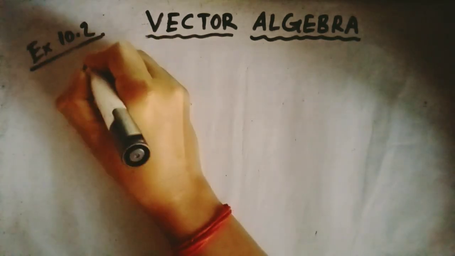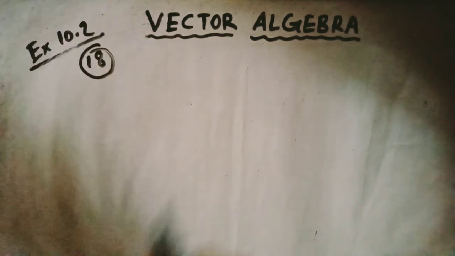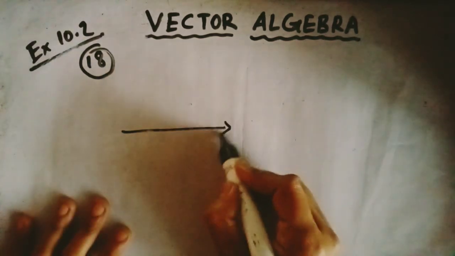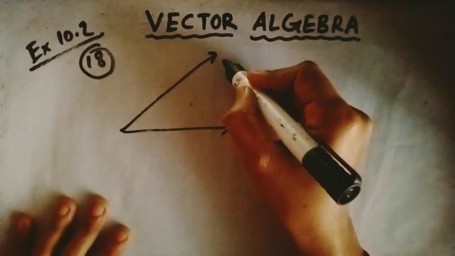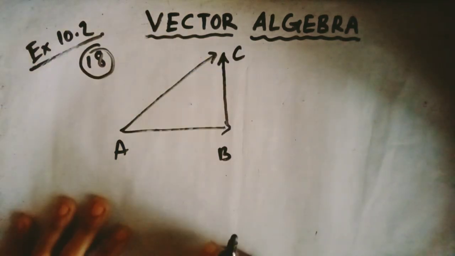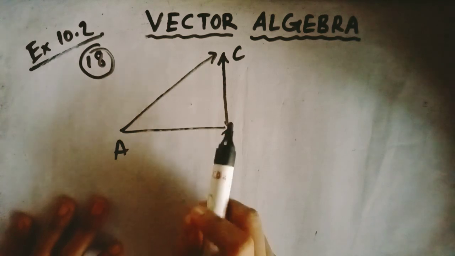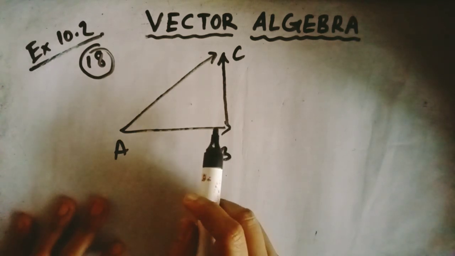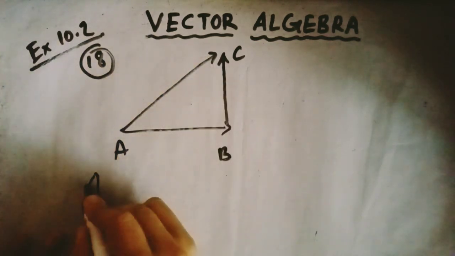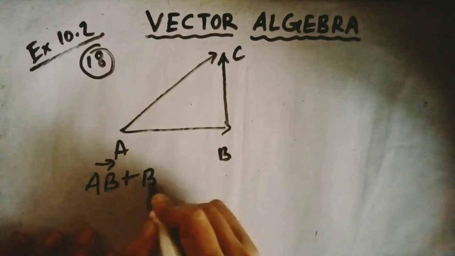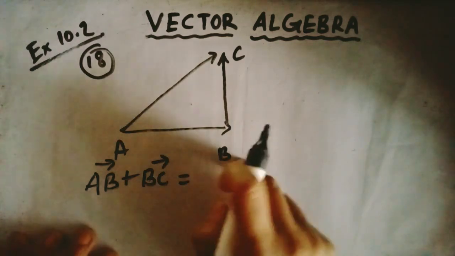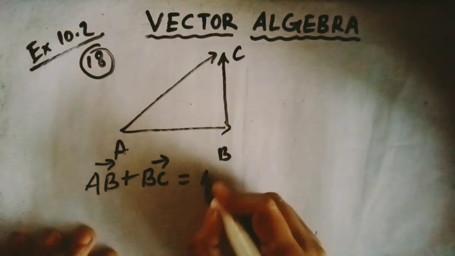Let's solve question 18. In a triangle ABC, which of the following is not true? The triangle ABC is given like this, and here you have to use the triangle law of addition. AB vector plus BC vector gives AC vector.